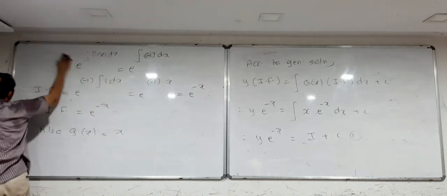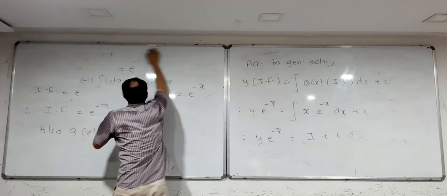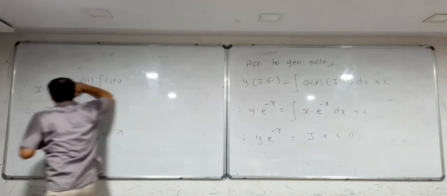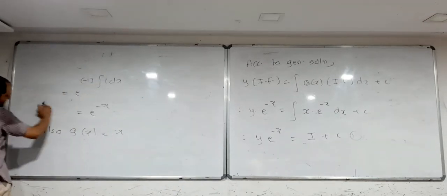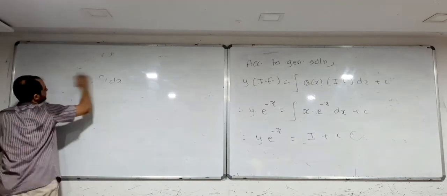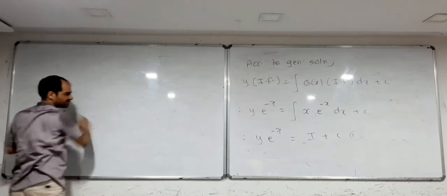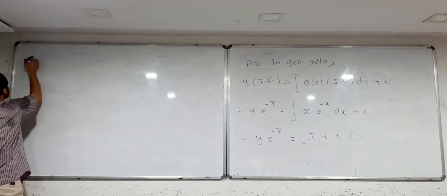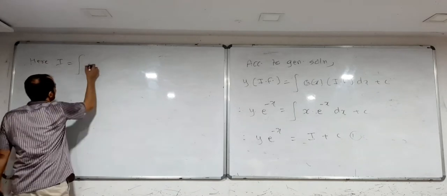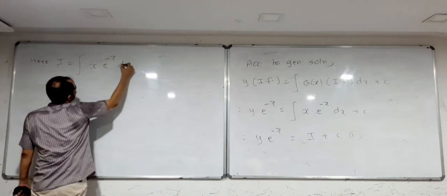Now you have to apply integration by parts. This type of question has come before; I believe somewhere we have solved this type of question. So here I is the integration of x into e raised to minus x dx.